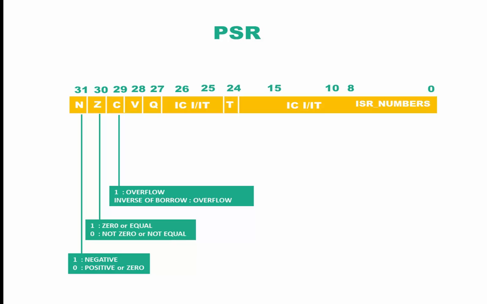The C bit signifies carry and is set on an unsigned overflow. Remember, in computer programming, when we talk about unsigned, we mean positive numbers, numbers without a sign. When we talk about signed, then we're referring to negative numbers, numbers with a sign.